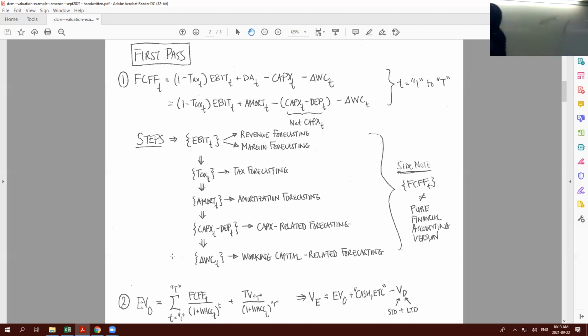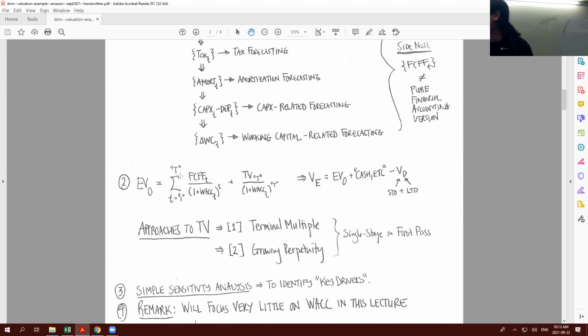We had done a sensitivity analysis as well, where we had identified that the things that are going to move value a lot were going to be revenue forecasting, margin forecasting, and the assumptions we make around terminal value.